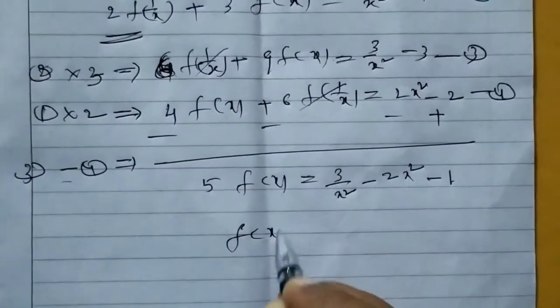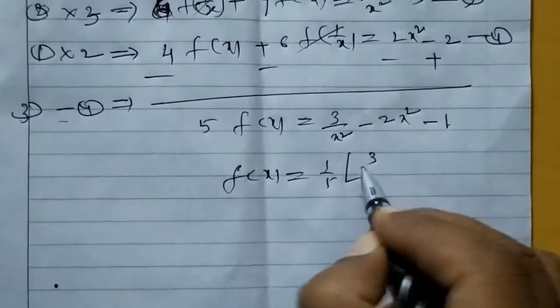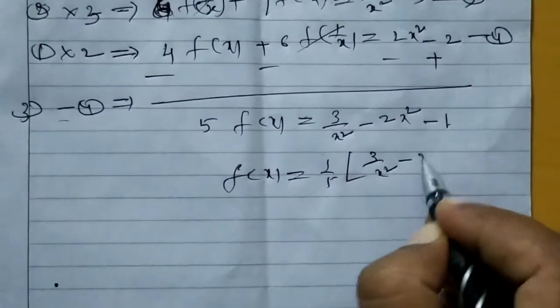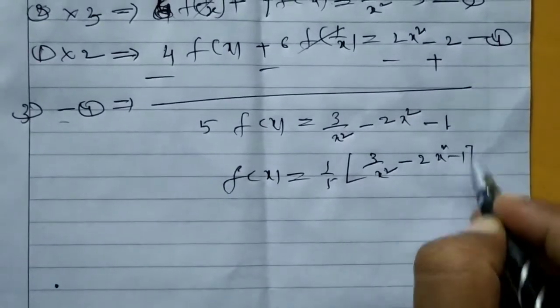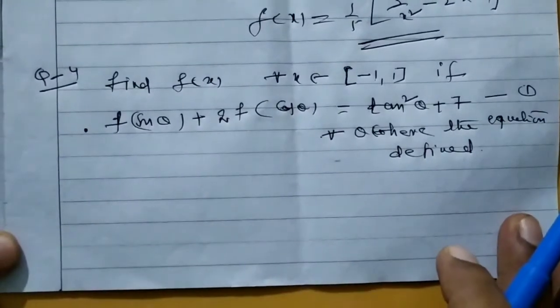So f of x is equal to 1 by 5 times of the given equation 3 by x square minus 2x square minus 1.